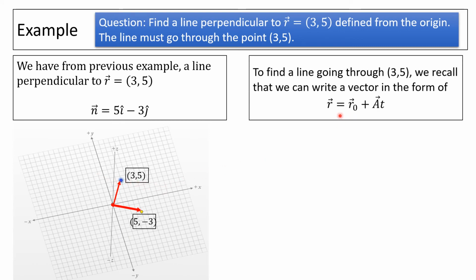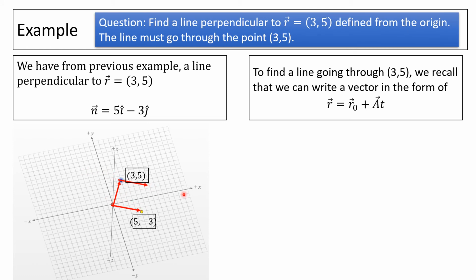We need to remember that the vector can be written like this: you have r0 plus at. r0 is basically the tail of the vector plus a vector a in a given direction times t, that is how many times the vector a. So when you want to find a vector that is perpendicular to R, it is going to be in the same direction or same slope as the vector n.